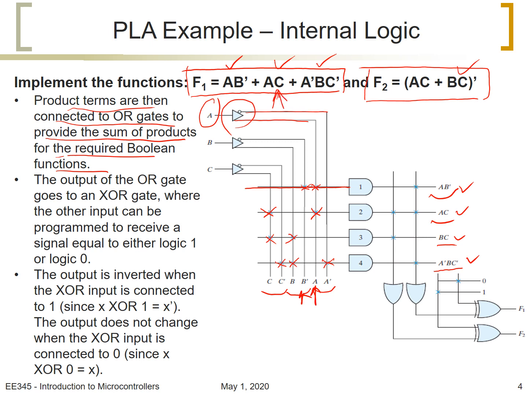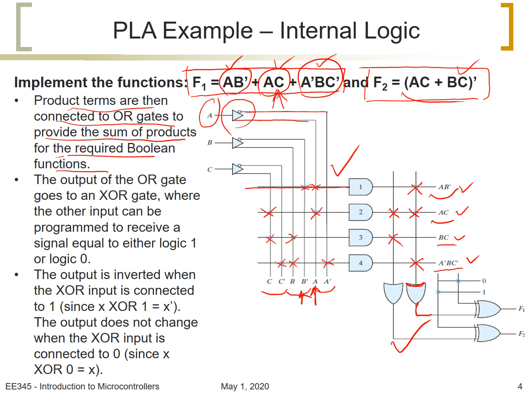So we have an OR gate for F1, which is this one, and with this OR gate, we connect AB prime, then AC, and we connect it with A prime BC prime. This would be the output to produce F1. Same thing exactly for F2. We connect AC and BC. So this is the programming of the OR gates. We explained it, and before that we explained the programming of the AND gates.